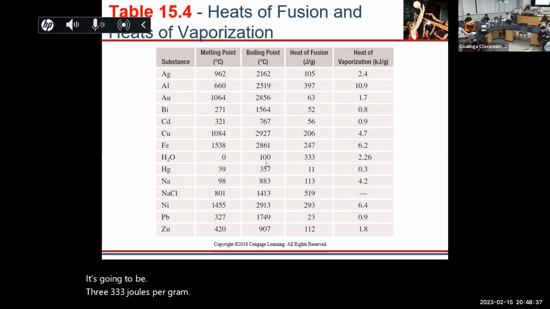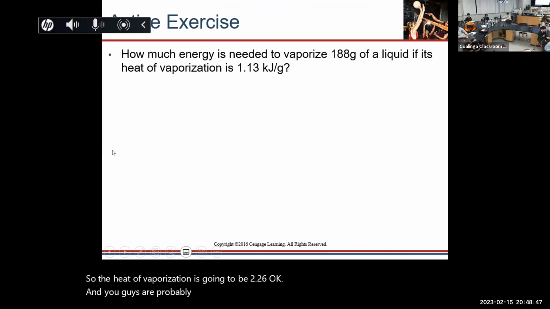Water boils at 100 degrees Celsius. So the heat of vaporization is going to be 2.26. You guys are probably saying, what the hell? So how can I use this? That's what it's going to be for.